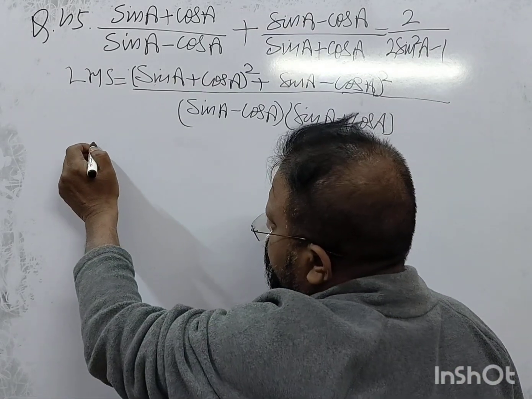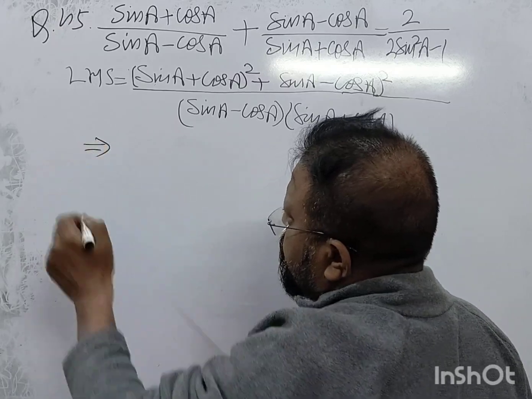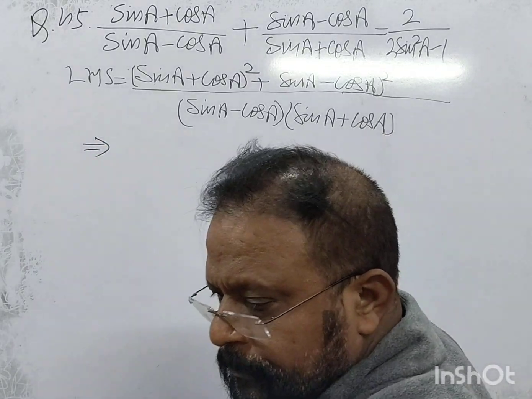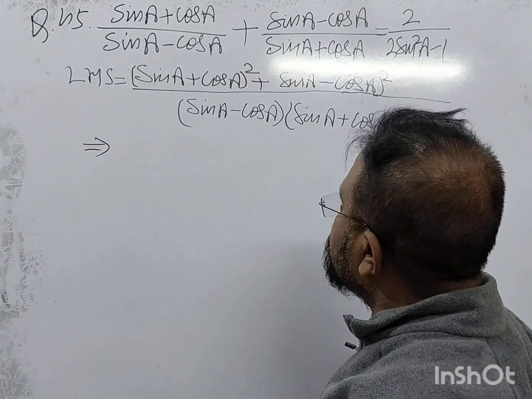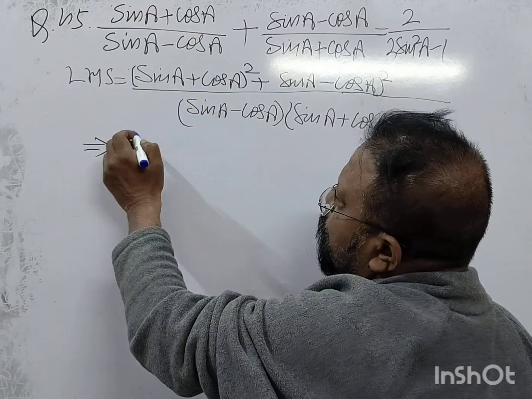So now you can write it like this, that is A plus B whole square.